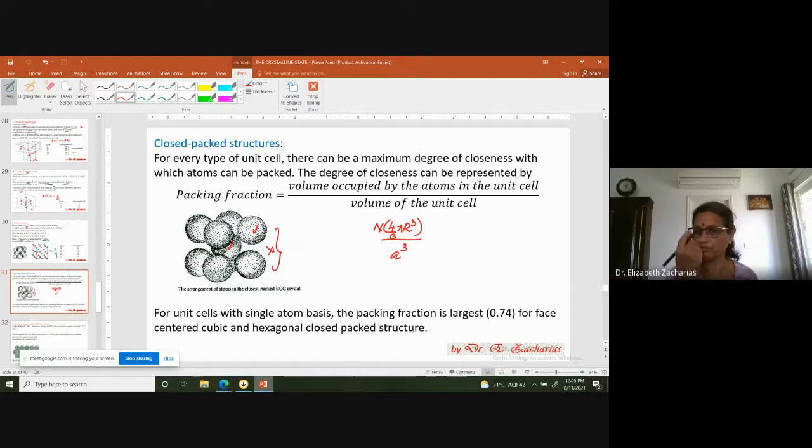The number of atoms could be 1 if it is simple cubic, 2 if body centered, 4 if face centered. So n will change depending on that. That divided by the volume is the packing fraction. Packing fraction will be 0.74 for FCC and for HCP, hexagonal close pack structure.